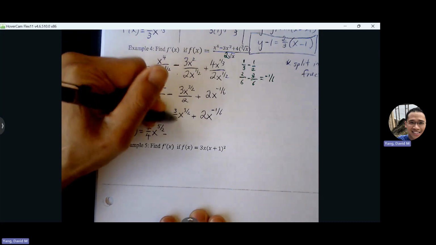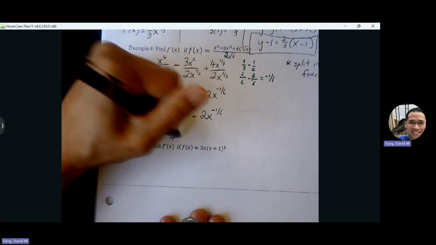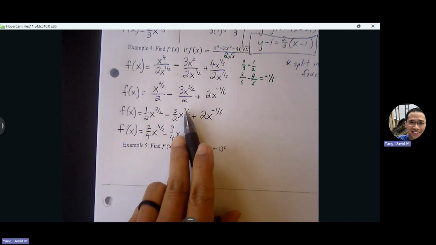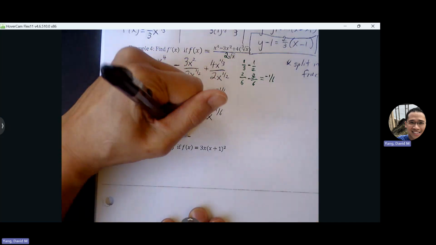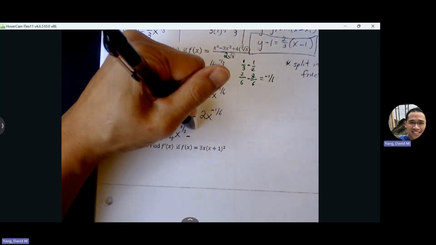Bring the exponent down, multiply with whatever coefficient you see. 9/4 x to the, what's 3/2 minus 1? Yeah, 3/2 minus 2/2. So just 1/2. And then 2 times negative 1/6, negative 2/6, or you can make it 1/3.